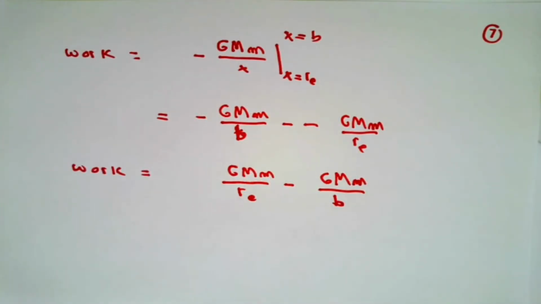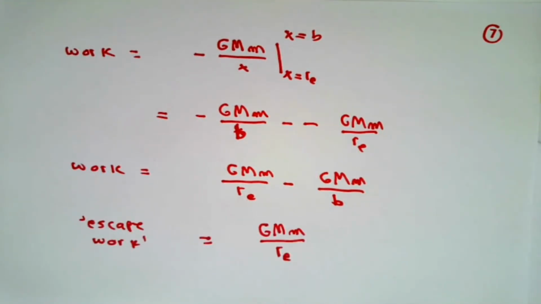This formula is a relationship between how much work needs to be supplied to move an object a distance b from the center of the Earth. A very interesting feature of this equation is if you let the b become indefinitely large, the second term tends to 0. I'll call the limit the escape work.